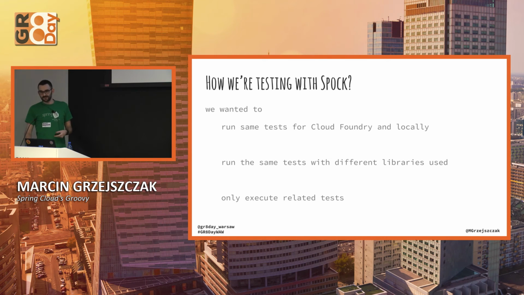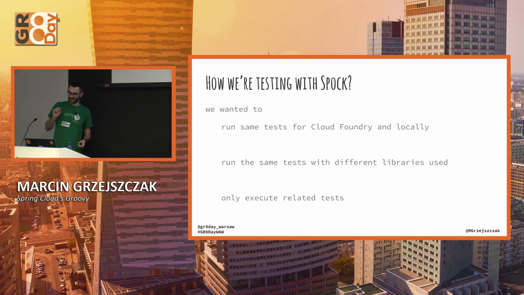I wanted to run the same project with tests for different libraries. So if I'm testing Zookeeper, I want to run the same test project as when I'm testing, for example, Sleuth. I didn't want to clone another project. I didn't want to go to another module, whatever. I wanted to run the same things.